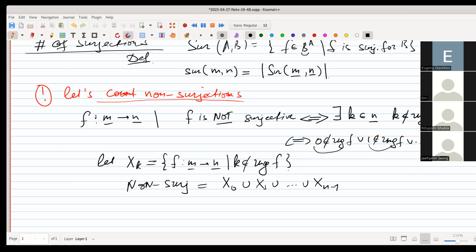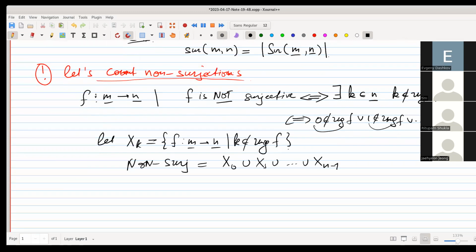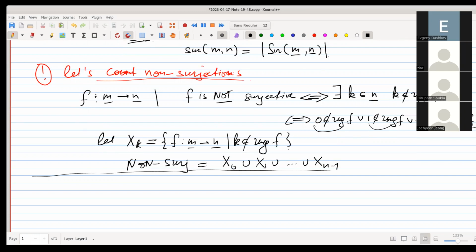Is this idea clear? Is it clear, ladies and gentlemen? Yes, it is clear. Okay, but how many functions which do not take k are possible? f still is a function from M underlined to N underlined, but nevertheless it doesn't take k as its value.